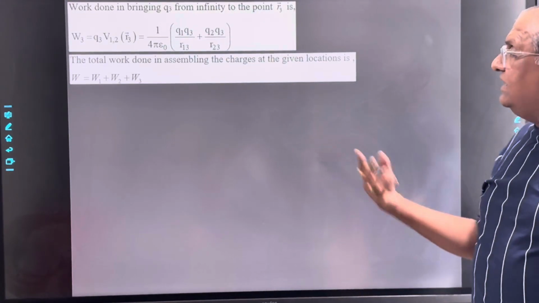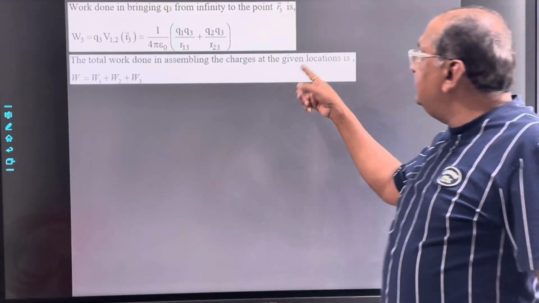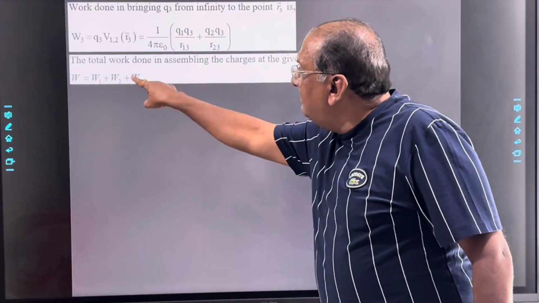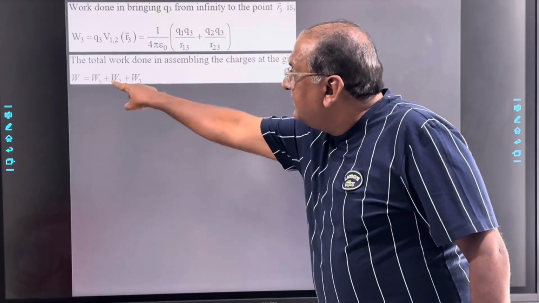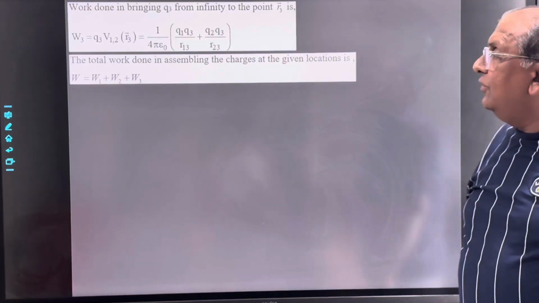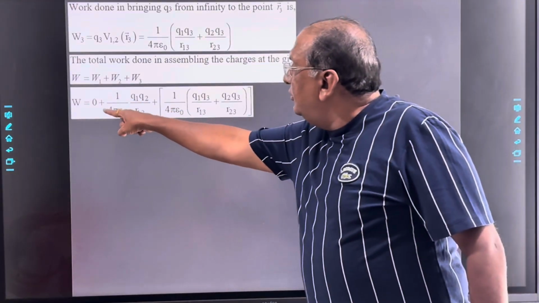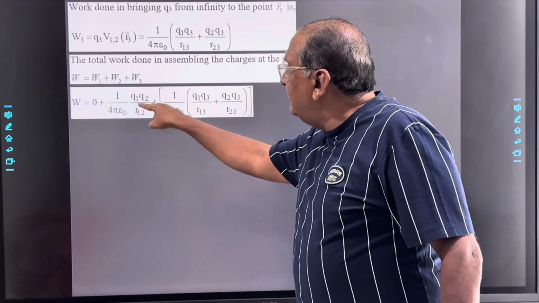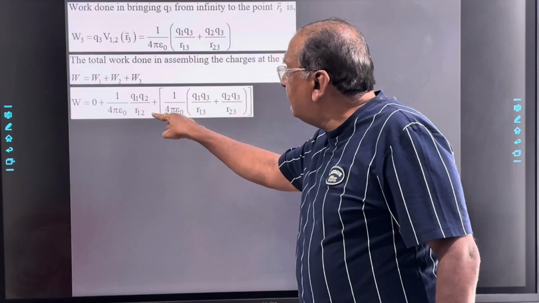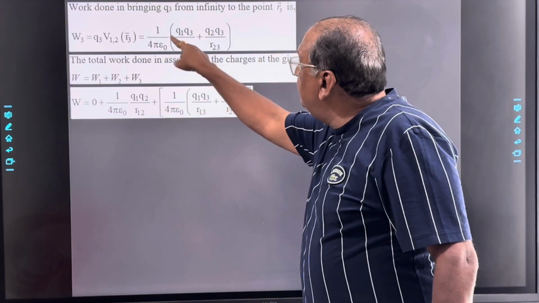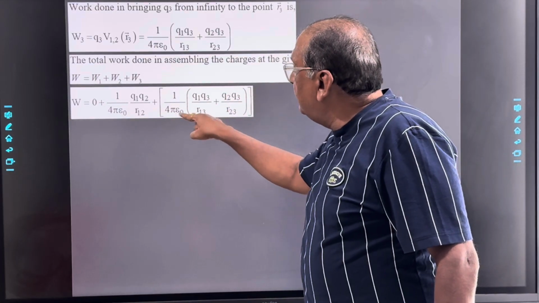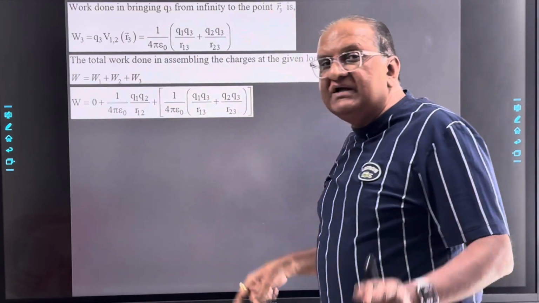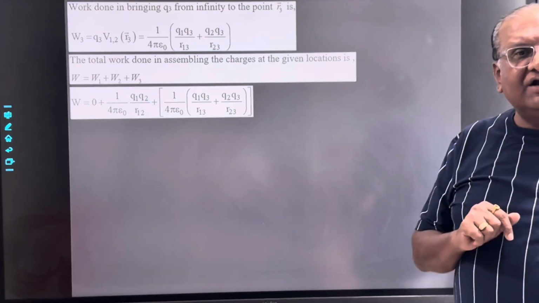So here the total work done in assembling the system of three charges is W1 plus W2 plus W3. W1 is 0. So 0, then W2 we calculated as 1 upon 4 pi epsilon 0 Q1 Q2 upon R12, plus W3, which is 1 upon 4 pi epsilon 0 Q1 Q3 upon R13 plus Q2 Q3 upon R23.